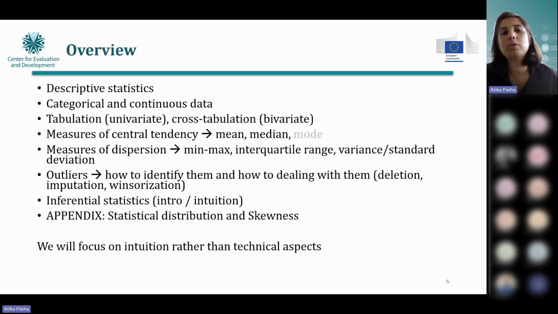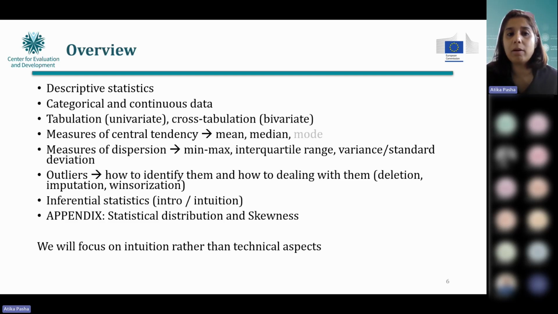So the whole session will be to try to understand what kind of data there is out there: categorical, continuous data, how we go about tabulating it, visualizing it or elaborating on it. We talk about measures of central tendency. There are 3 measures, mean, median, and mode. We rather focus on mean and median, not so much on mode, these being the most commonly used methods in evaluation.